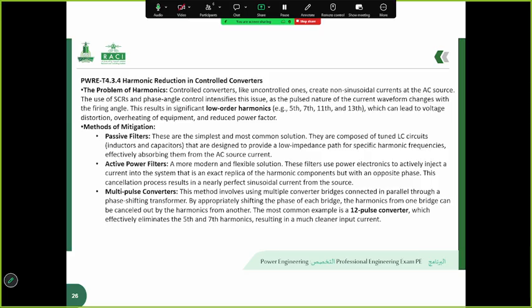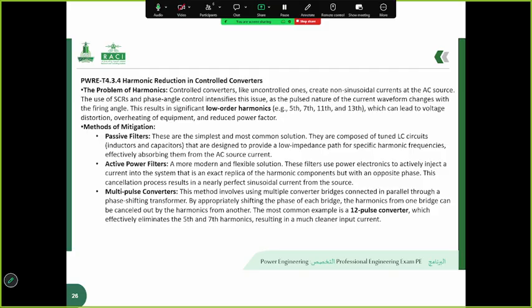So the slide notes that the firing angle control, a key feature of controlled converters, can actually worsen the harmonic content. To combat this problem, three primary mitigation methods are used.